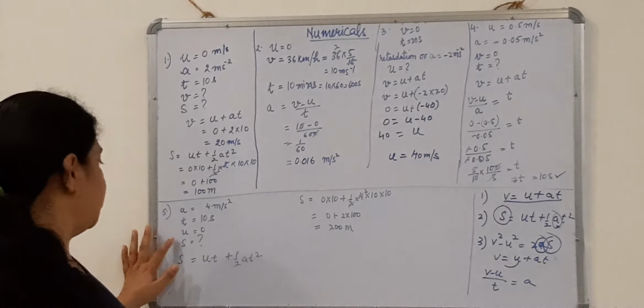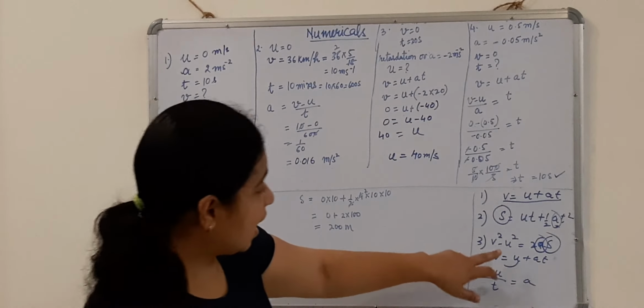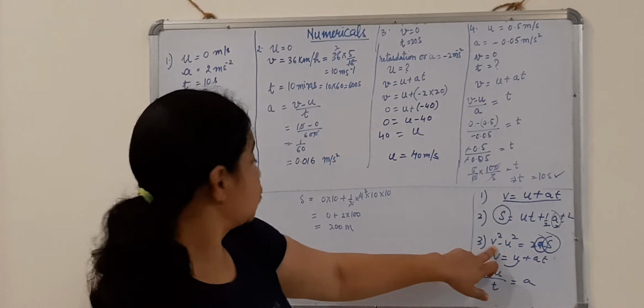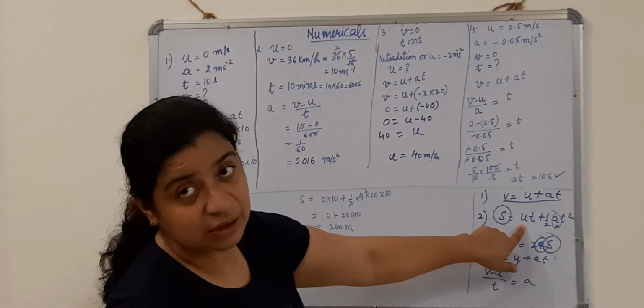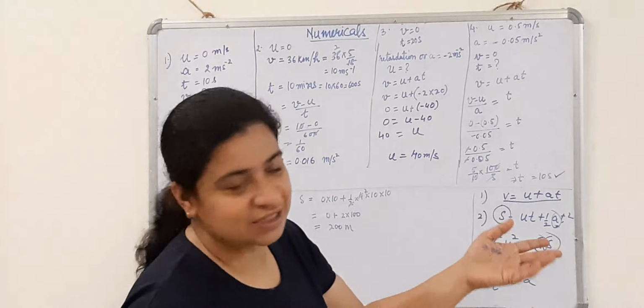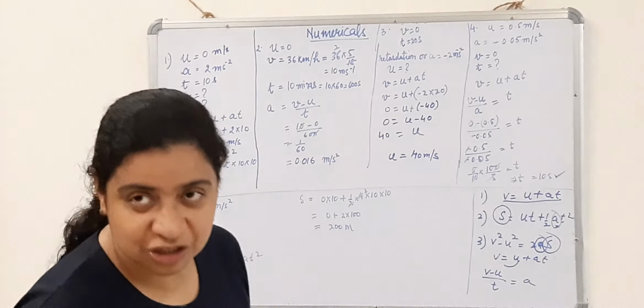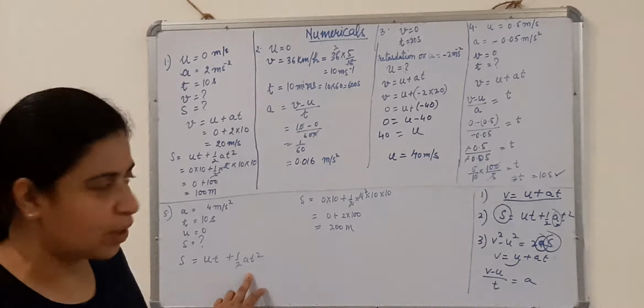So U is 0. I do not have the value V, so in this case I cannot use this equation. I have to rely on another equation, because we need to find out the distance, and in the earlier equation there is no distance. So definitely I am going to use the second equation of motion, that is s is equal to ut plus half at square.